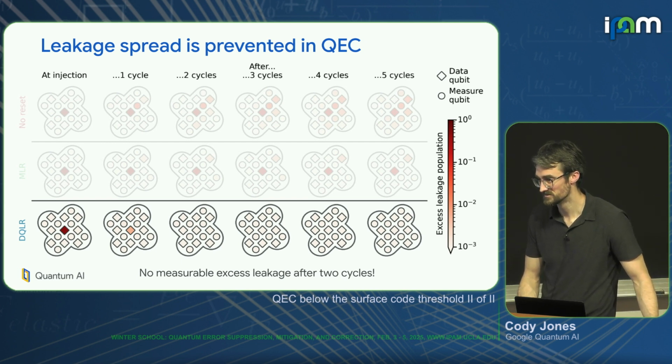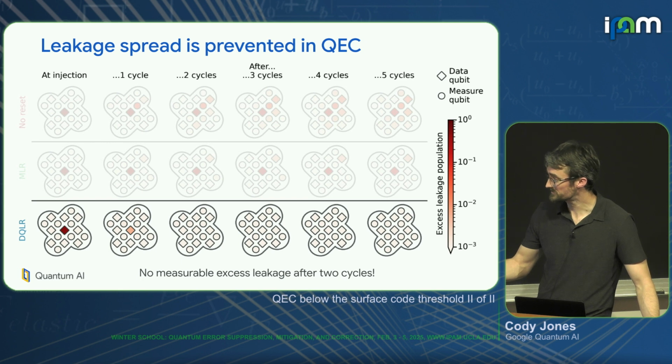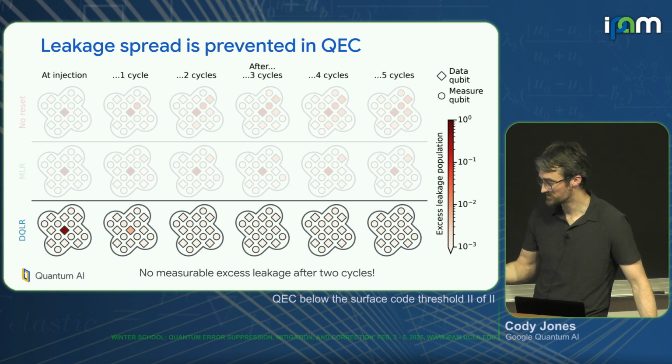Because you look at the second graph, it's slightly lighter, right? That's right. It's not a 0 and 1. So what happens is we've run one cycle of surface code error correction and the MLR plus DQLR, all of the leakage removal. And so this is how much our injected leakage population has been suppressed in the color scheme. So it went from something up here to something down here.